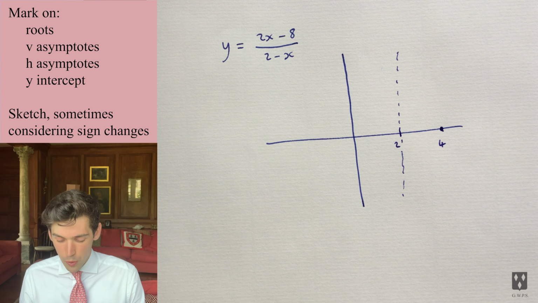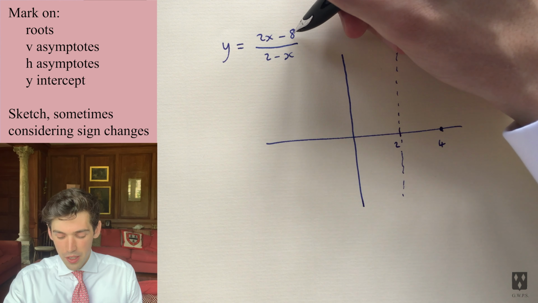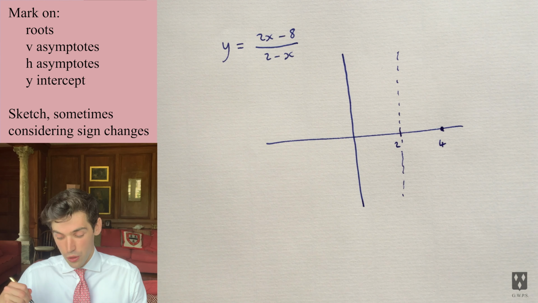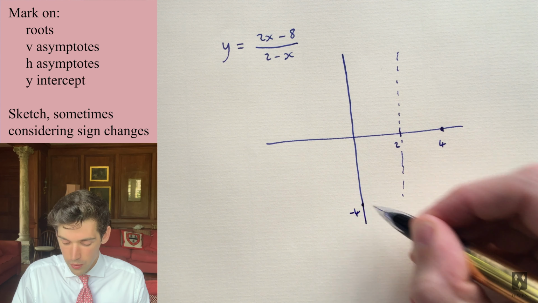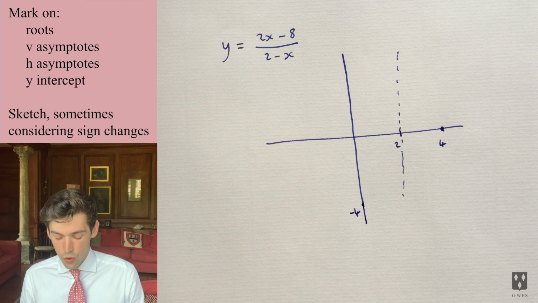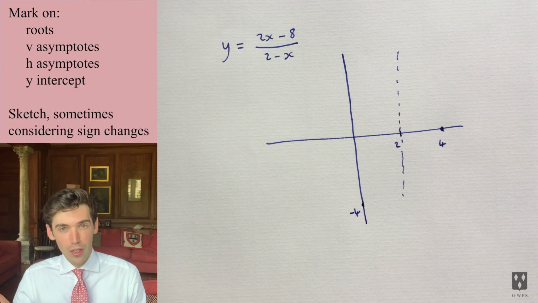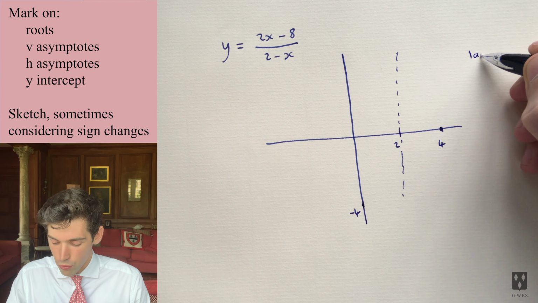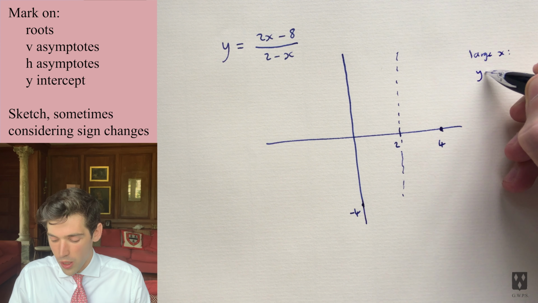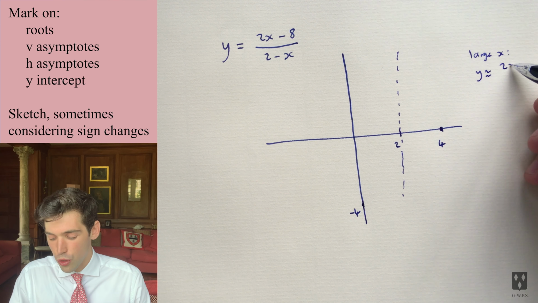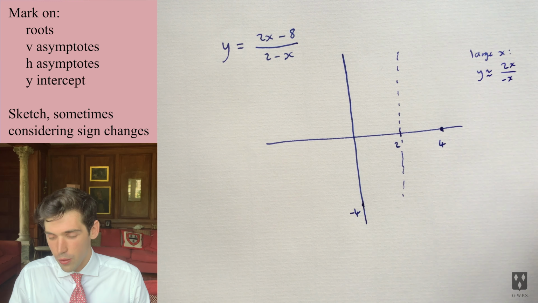Now, what happens when x is 0? That might be useful. You have minus 8 over 2, which is minus 4. So down here, passing through. And what else is there to say? Large x behavior. So let's just make a note. For large x, we have y is approximately 2x over minus x.